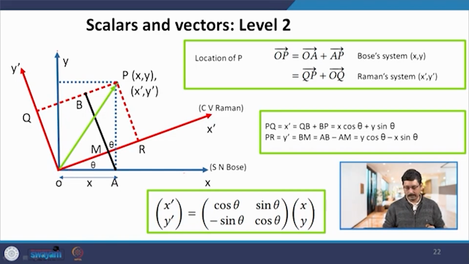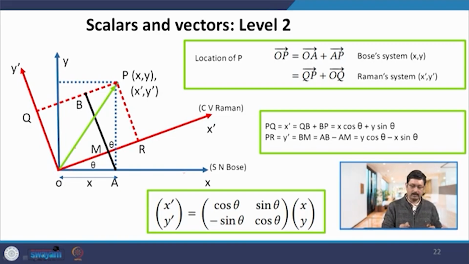Then he can go from O to A along the x axis and then from A to P, which is parallel to the y axis, and he will reach the point P.